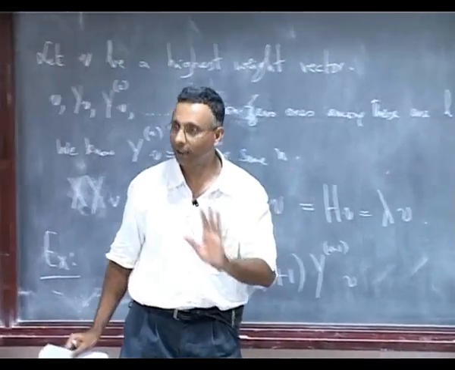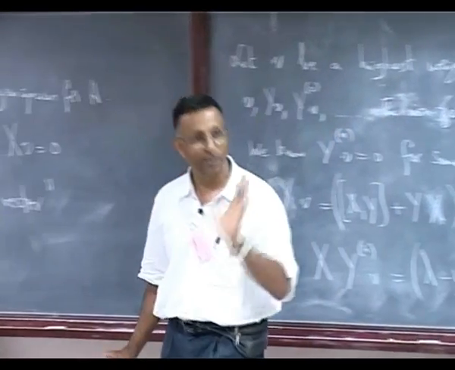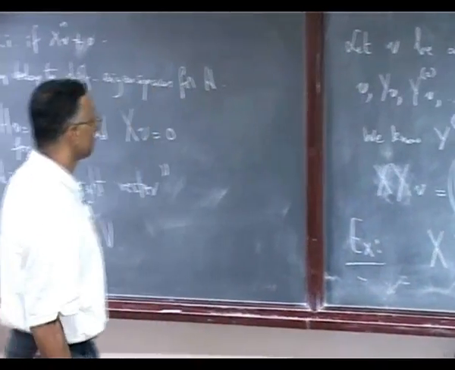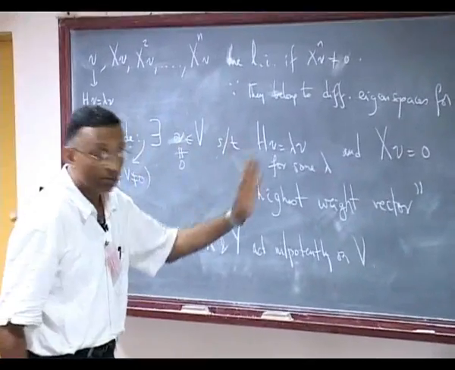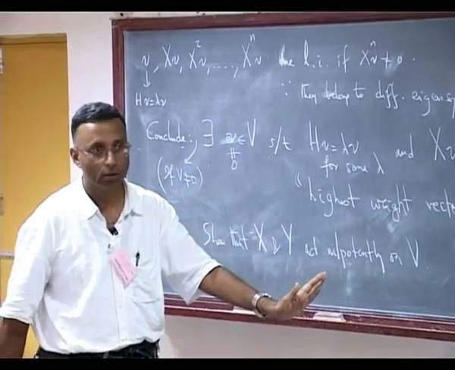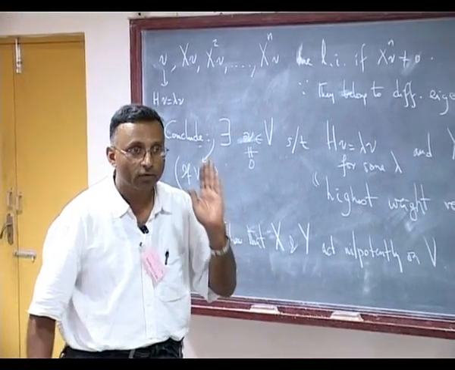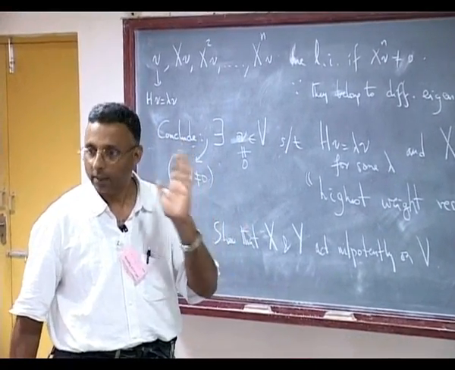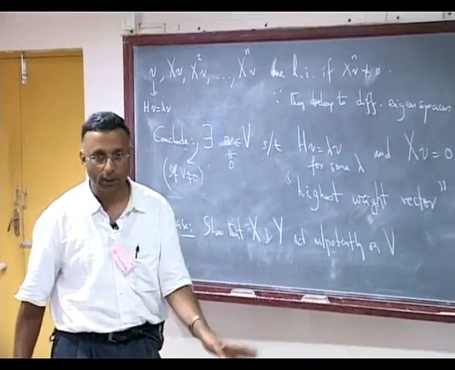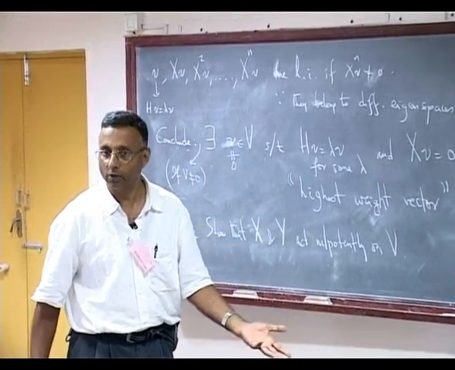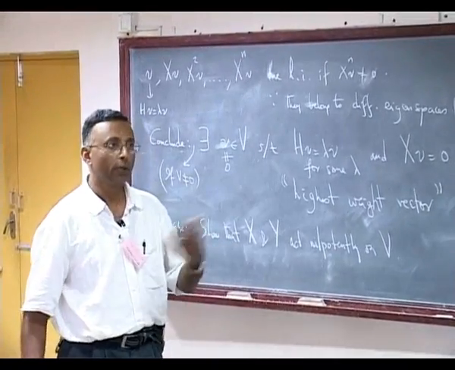So highest weight vector, just like an eigenvector, by definition is non-zero. Okay. So I know v is non-zero. y of v could be 0, I don't know, but there is some n such that y to the n v is 0. That I know. So let n be least such that y to the n v is 0. So it could be 1, it could be higher.